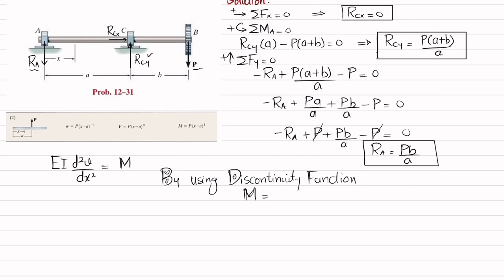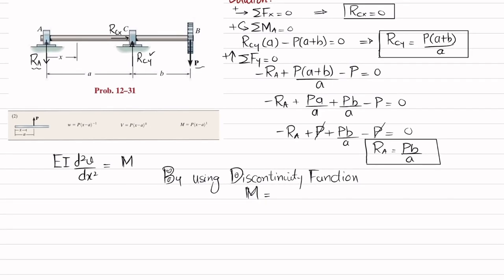Starting from here, you can see that the P load is applied at this x, which starts from here, and P acts at a distance of a. In this case, the first load is RA, which is equal to Pb over a, and RCY is P into (a plus b) divided by a.